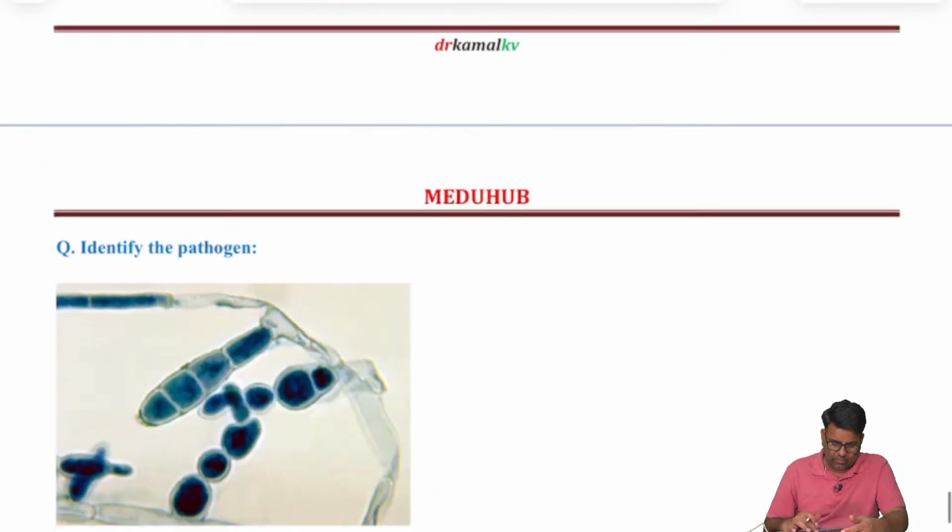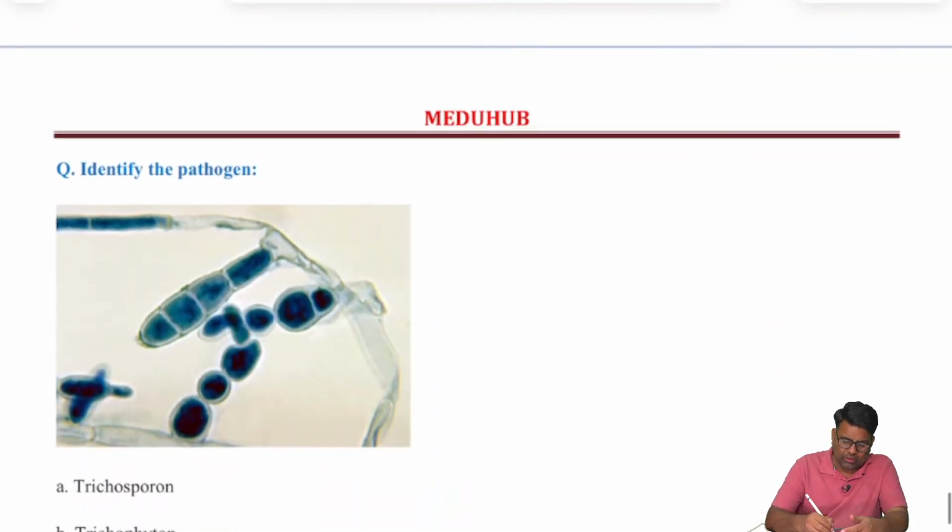Then there was one question about identification of a fungus, and here what we can see are septa. This is 1 septum, this is 2, this is 3.